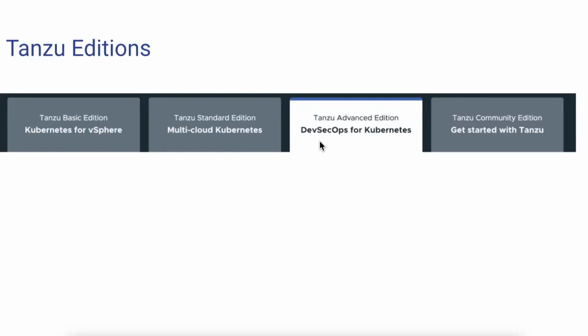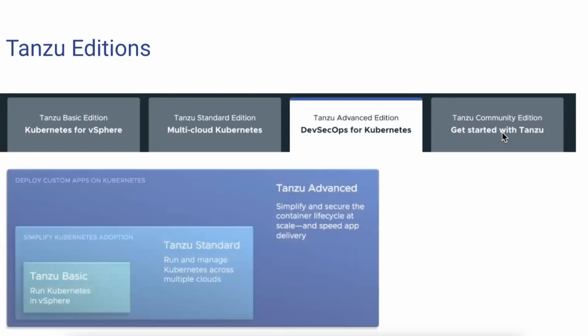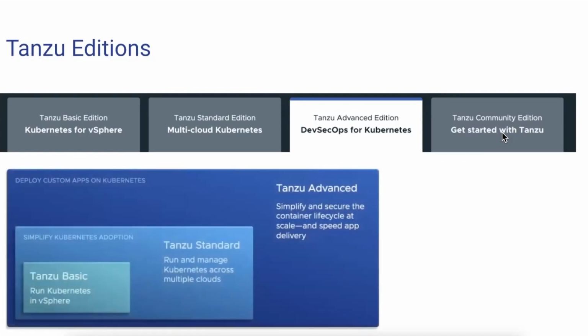So starting with Tanzu Basic Edition, this is the first one. Then we have Tanzu Standard Edition. Third one is Tanzu Advanced, and recently Tanzu Community Edition came in. So if you look at the first one, Tanzu Basic, the purpose of Tanzu Basic is to provide a Kubernetes environment in vSphere, whether it is inside or on top of vSphere.